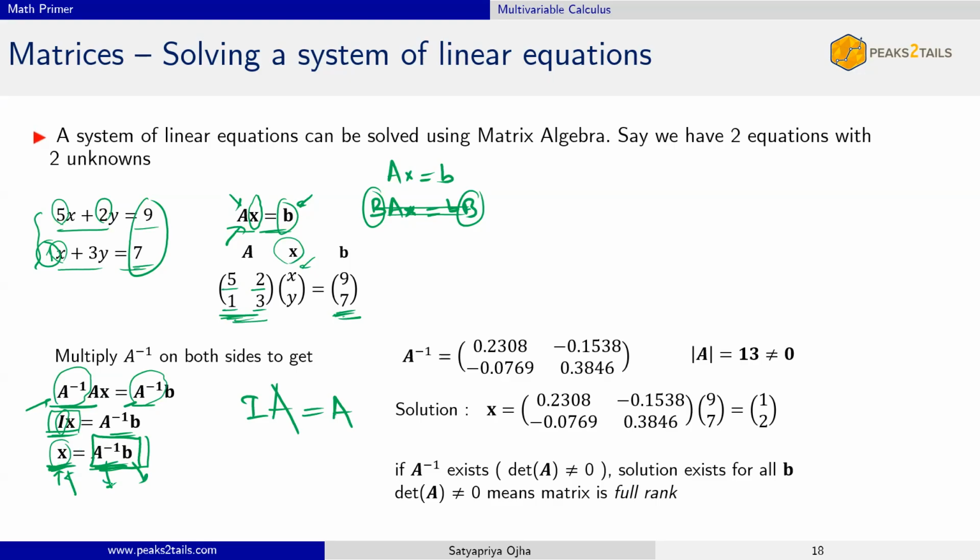For A inverse to exist, you need the determinant of A to be not equal to 0. That is the first condition. You have to check whether A is invertible or not. If you want a unique solution for x, then the determinant of A must be non-zero. And in our case, what is the determinant? 5 times 3, 15, minus 2 is 13. So cool. I know for a fact that there is a unique solution.